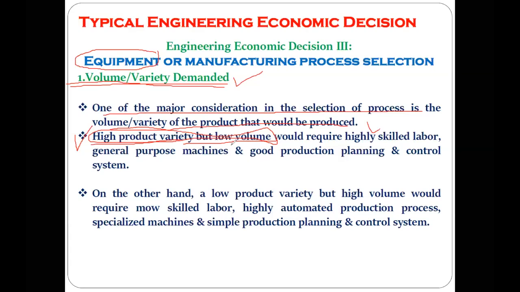In that case, will you require some automatic production machinery? In the low volume case, the number of products generated per day is less. Now in that case, is there any need for automatic machinery?